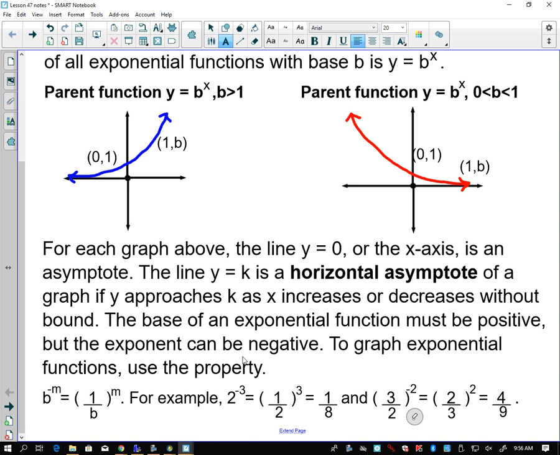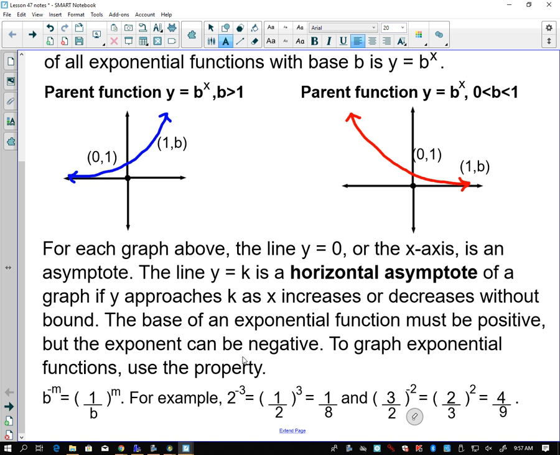Also, the line y equals k is a horizontal asymptote of a graph if y approaches k as x increases or decreases without bound. In a parent function, it's going to be the x-axis, but if we were talking about something else, it could move up or down. It's just going to approach a horizontal line. It's not always necessarily the x-axis.